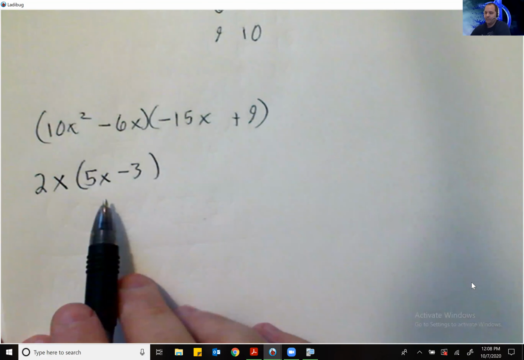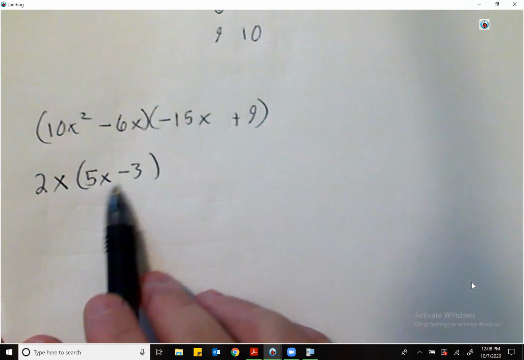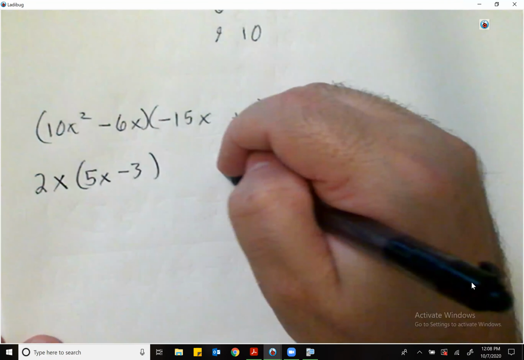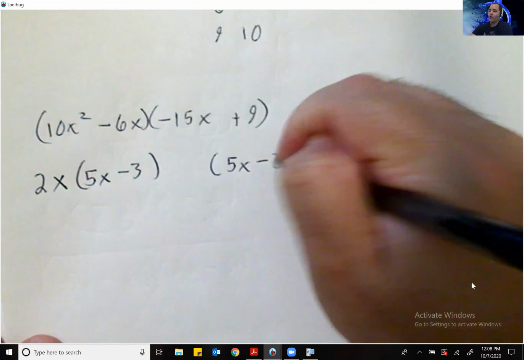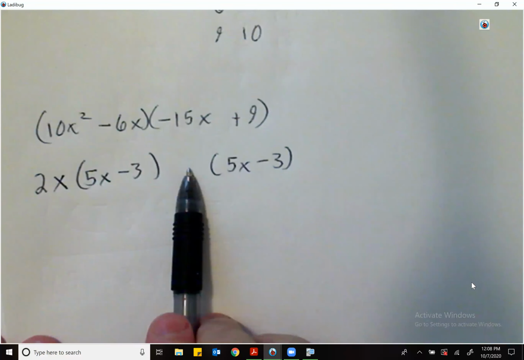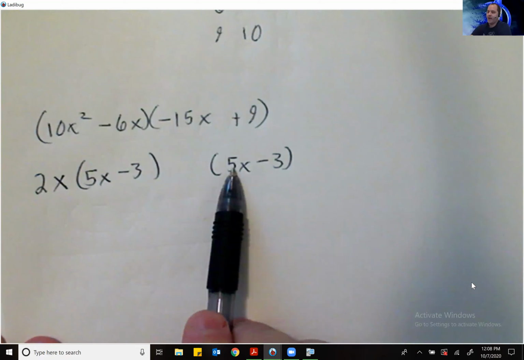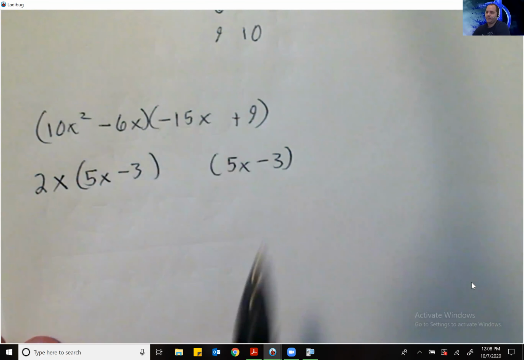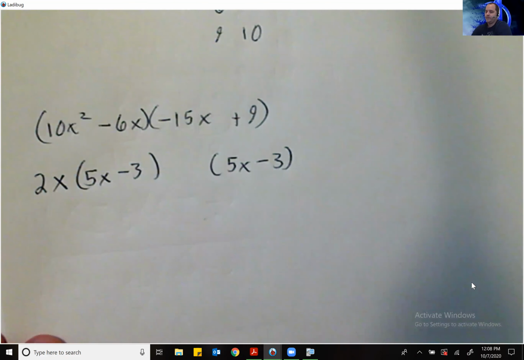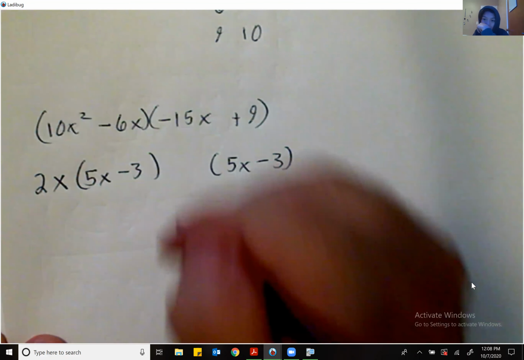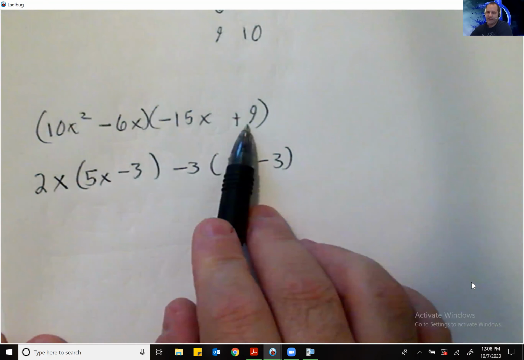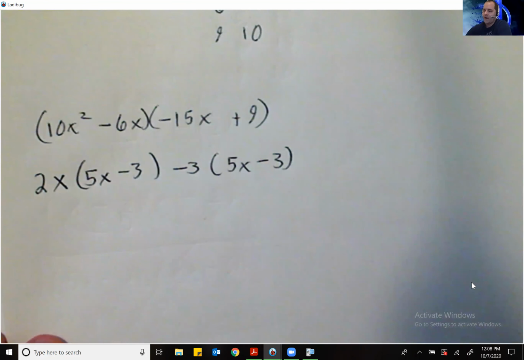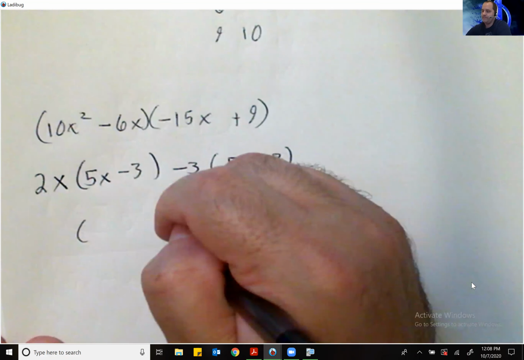So again, in grouping, remember, this has to match whatever happens over here. So what times 5x will give me the -15x? -3. And -3 times -3 is a +9, so it checks. And so now all you have to do is tell me the two parentheses.